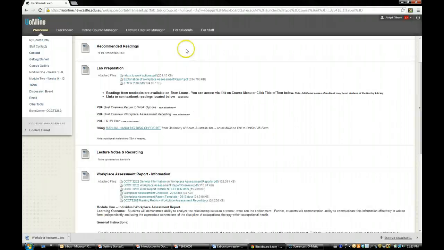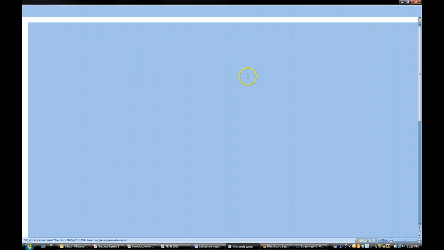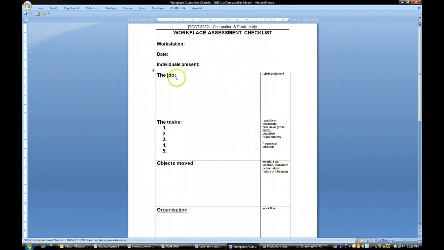They can take a checklist with them, which is here, and complete this checklist. They could use another assessment form if they find others that are more appropriate, but this is an example of one that they could use.